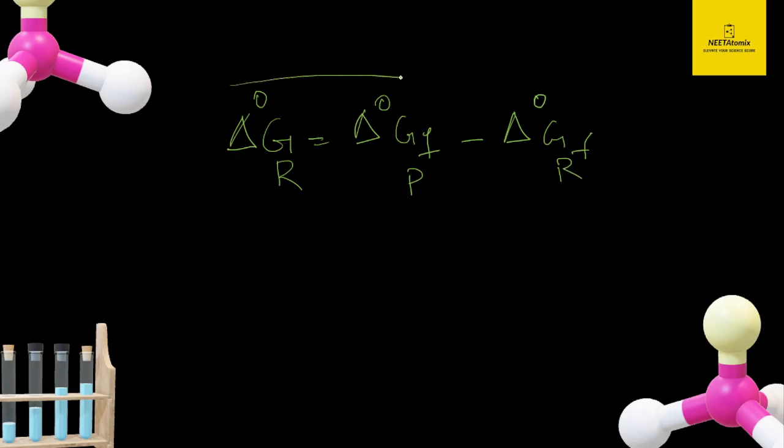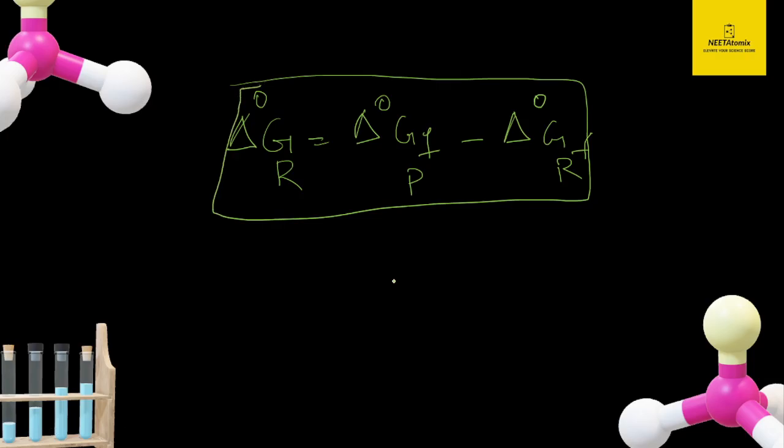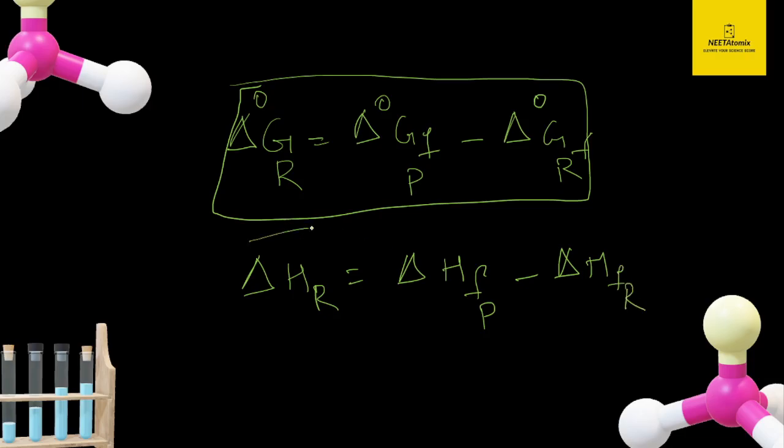So this is the relation for standard Gibbs free energy. In a similar way, delta H of the reaction is equal to delta H formation of the products minus delta H formation of the reactants. We will illustrate by an example.